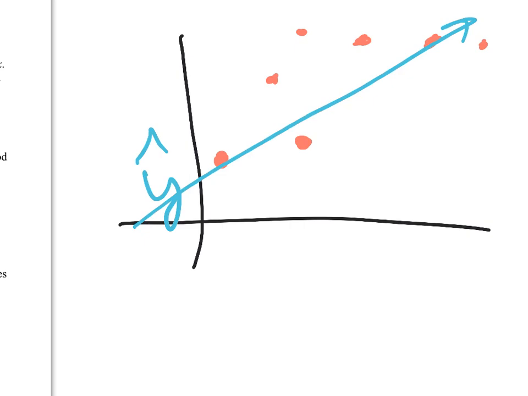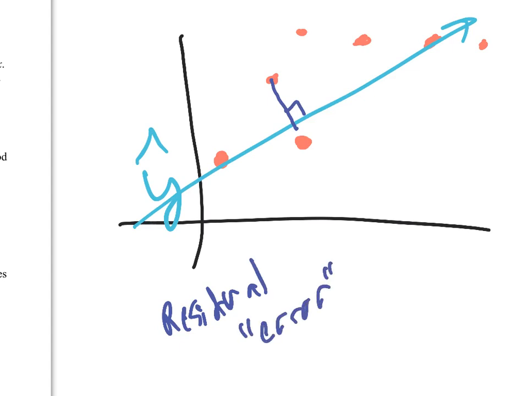Every distance away from that line, perpendicular, is called a residual. And I told you it was an error. It's an error because it's not on the line. The y hat is a predicted value from the line.